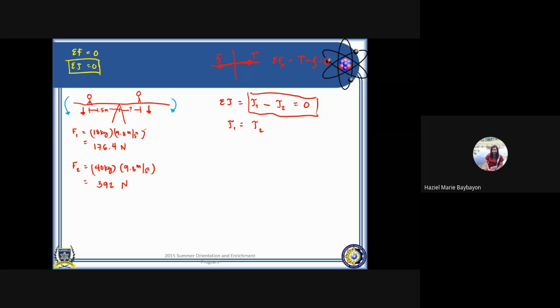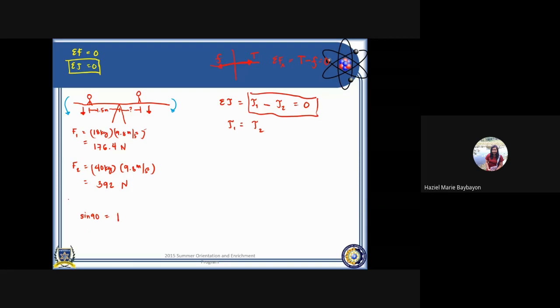Now, the force is going downwards. The lever arm is perpendicular to it, so you have a 90 degrees angle between your force and displacement. When the angle is 90 degrees, sine 90 degrees is equal to 1.